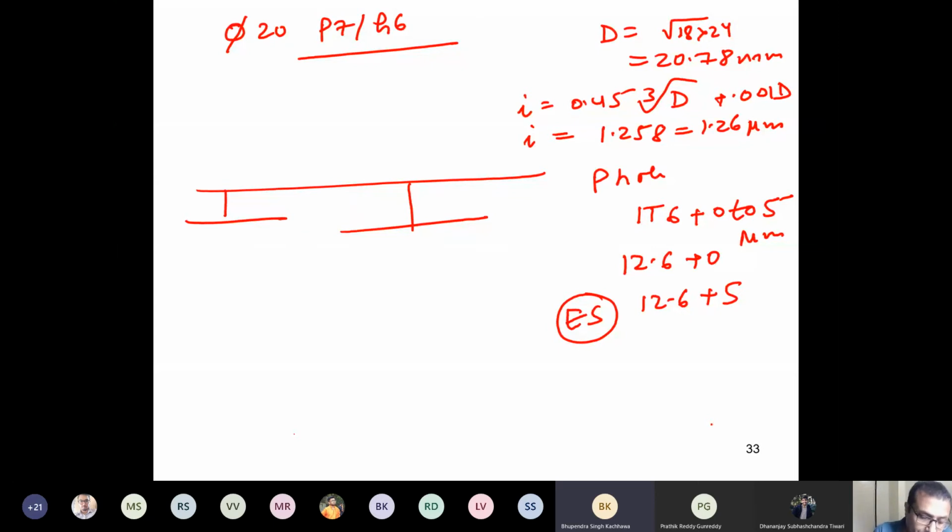Okay. So this is ES, and on one side it is 12.6, the other side it is 17.6. It is 17.6 microns. Right?